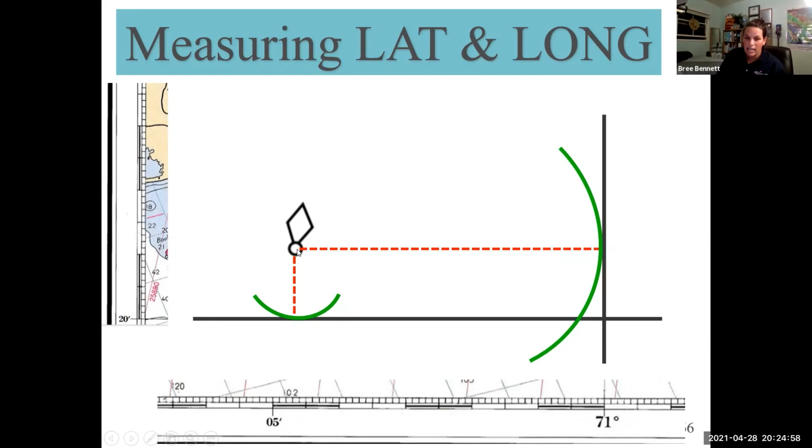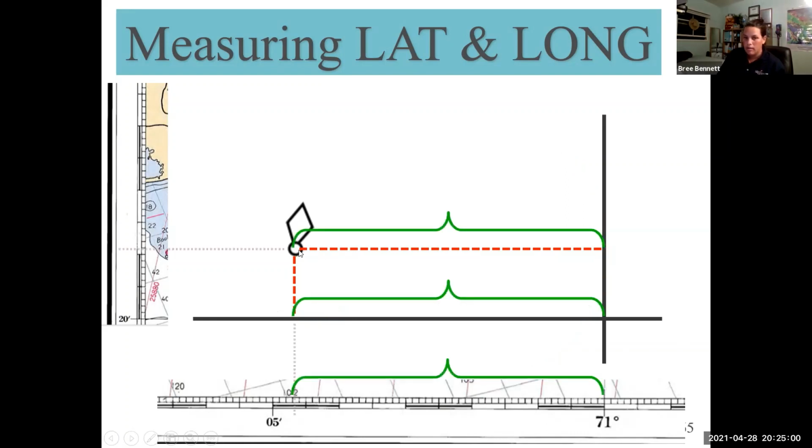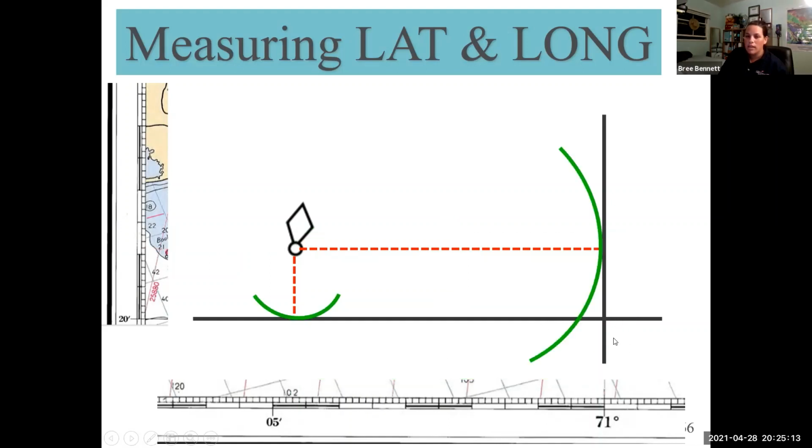Another way of getting, so our line here is exactly parallel to our bolded latitude line. Another way of doing that is by swinging an arc.